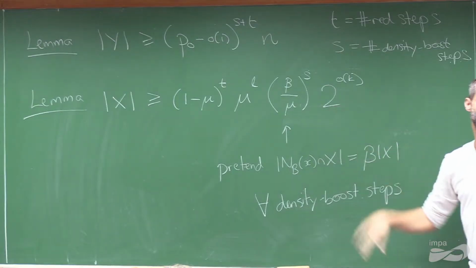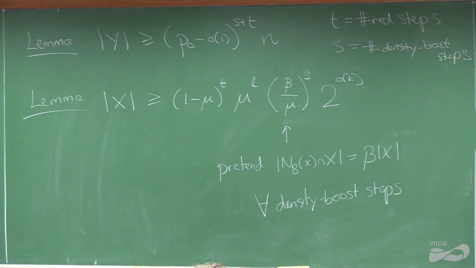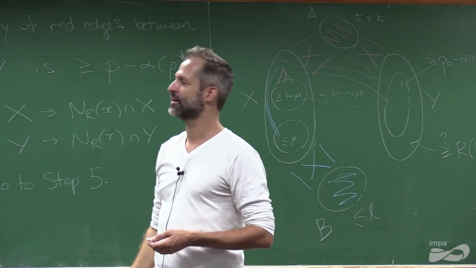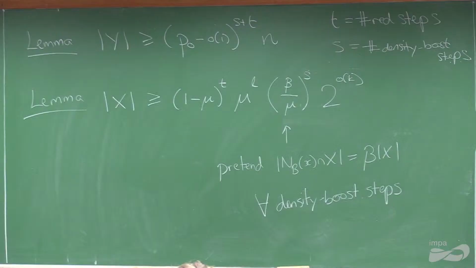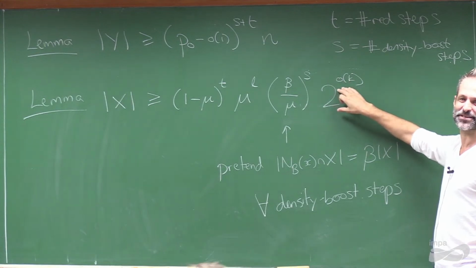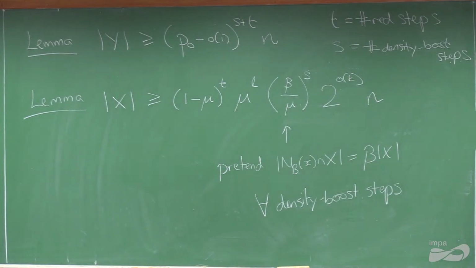Because if you lost too much volume of x in those steps, your density would go up way too much. This is not really true, right? This is 1/2 to the o(k). Sorry, so little o(k) is an absolute value. This is a negative number whose absolute value is little o(k), times n. And we're going to prove that lemma.